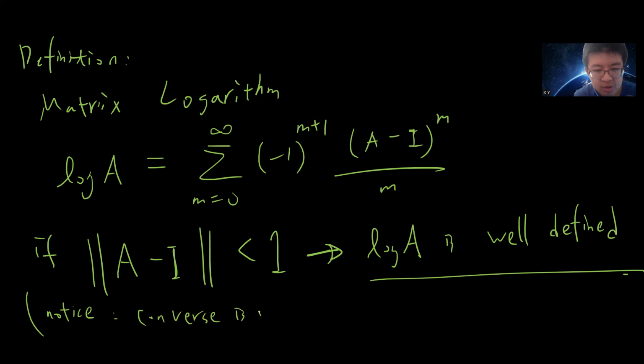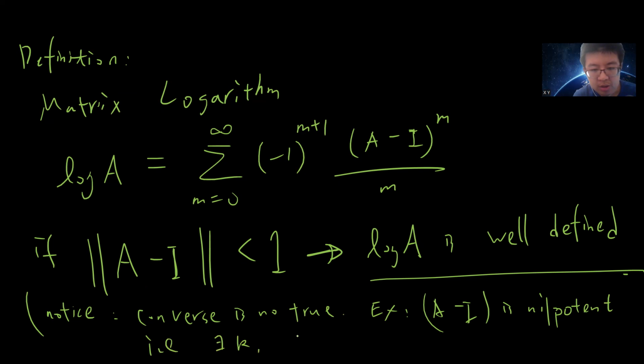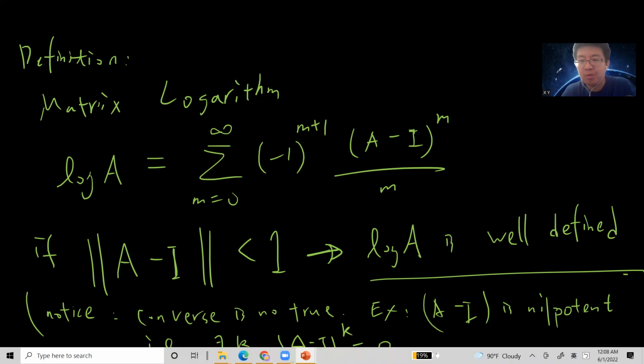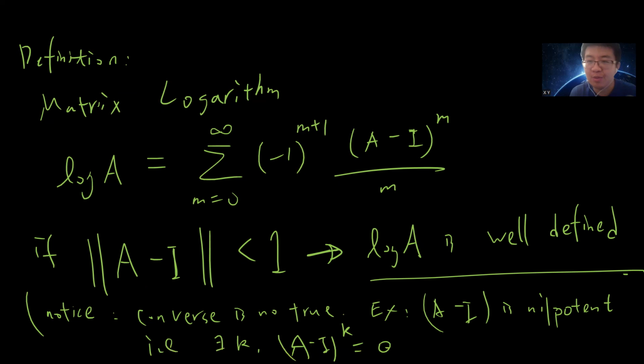Because the idea is that if A minus I is nilpotent, which means that there is some k such that (A minus I)^k is 0, then, well, this is easy: if (A minus I) to the power k is 0, then this infinite sum must truncate to a finite sum. So it's always well defined.